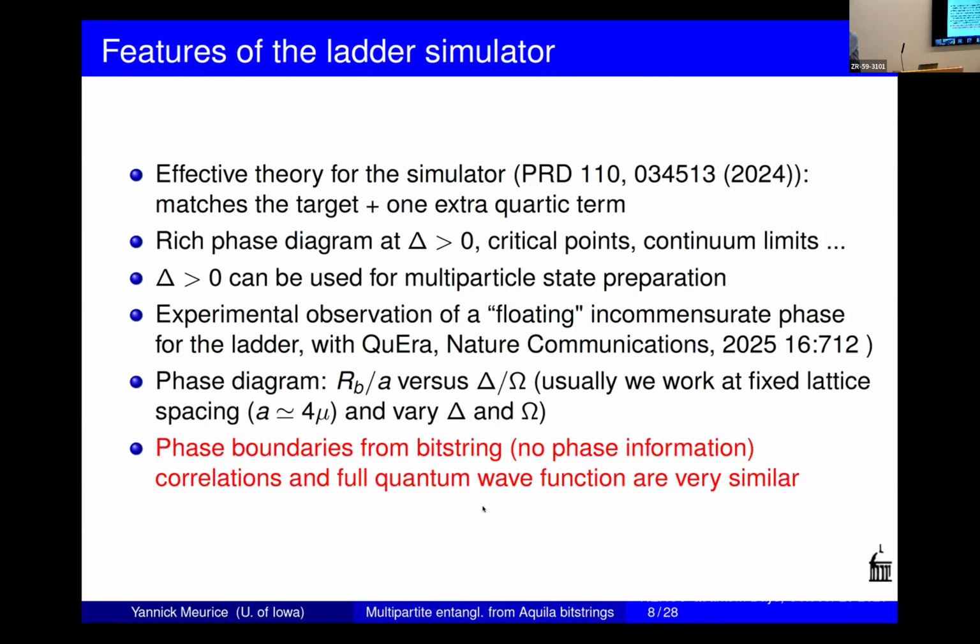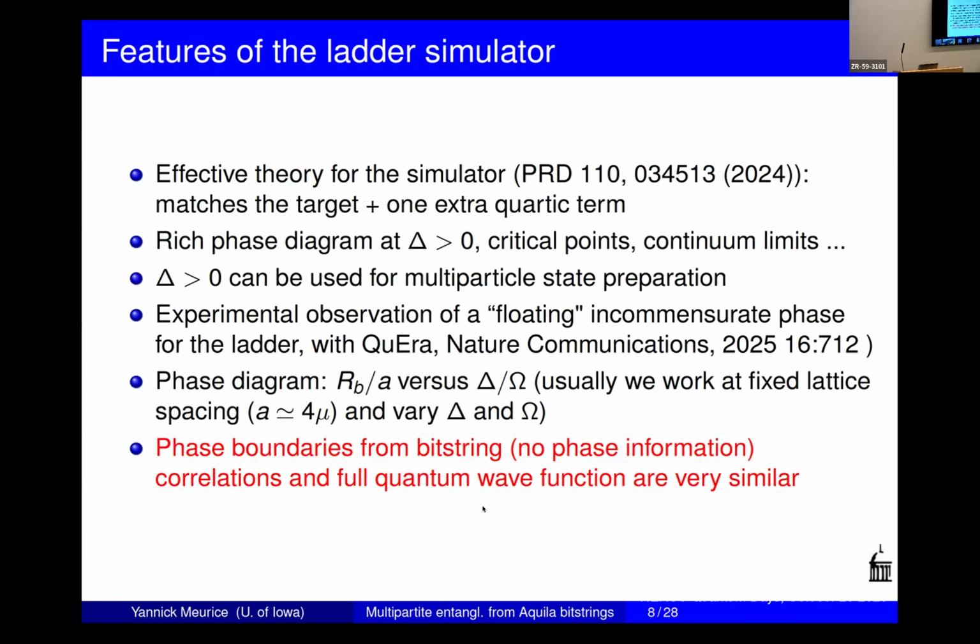We wrote an effective theory for the simulator. I guessed the simulator from just looking at it, and very nicely, I got all the terms from the target plus one extra term that changes the phase diagram, so I relaxed this constraint a little bit.